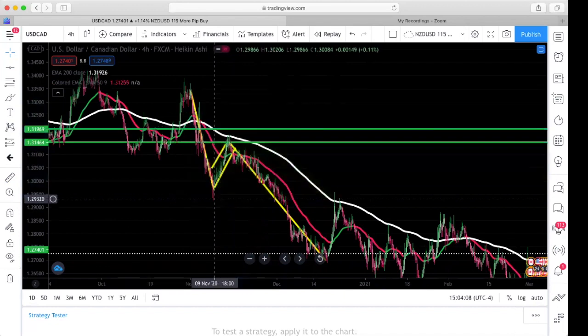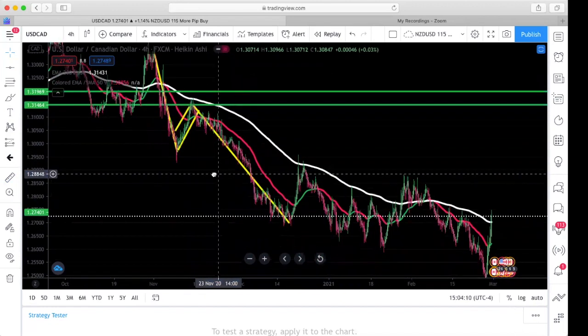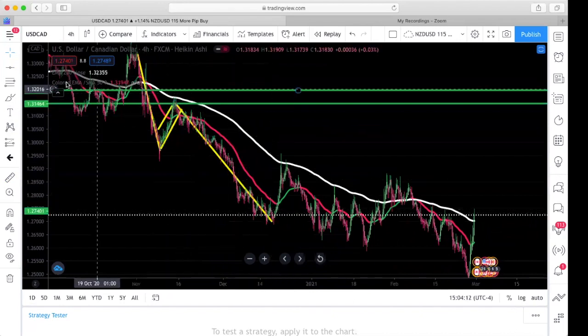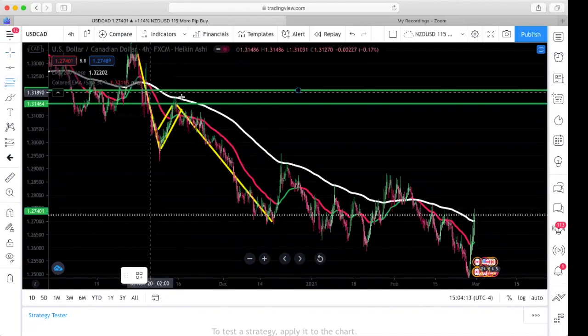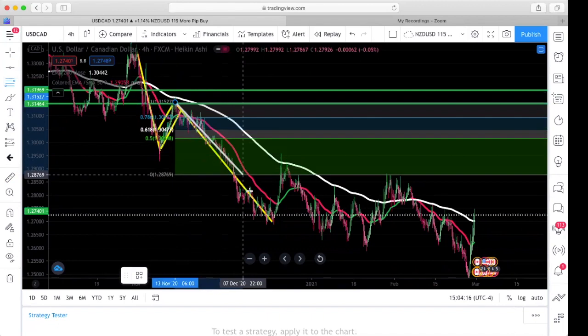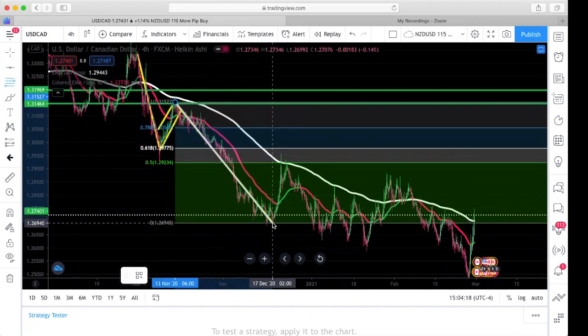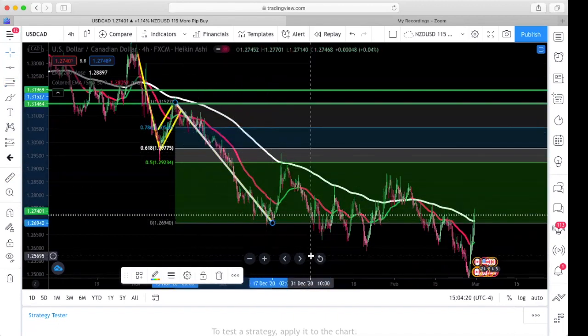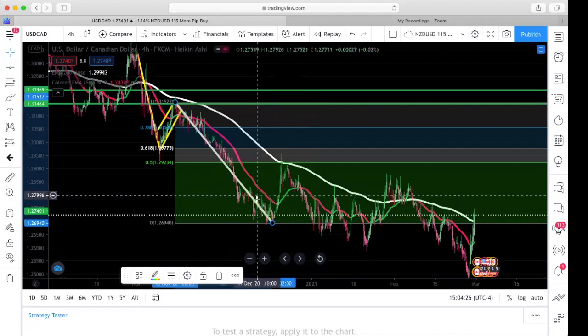But let's look at the next impulse that happens in the market right here. Let's use our Fibonacci tool to draw this out. We have this impulse happening in the market. If I want to catch the trend, I can't just jump into the market anywhere.